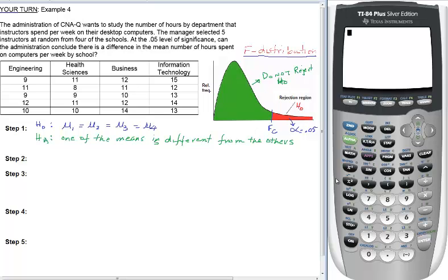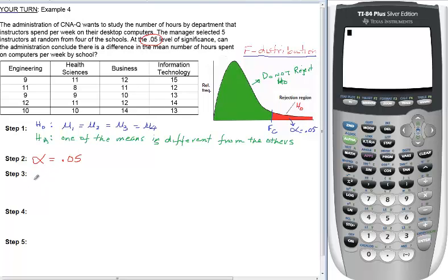Okay. Now step 2 is the selection of alpha, or the level of significance, and that's already done for us. It's 0.05. And step 3 is to choose the statistic. First I'm going to do it with the F statistic, and then I'll do it with the p-value.